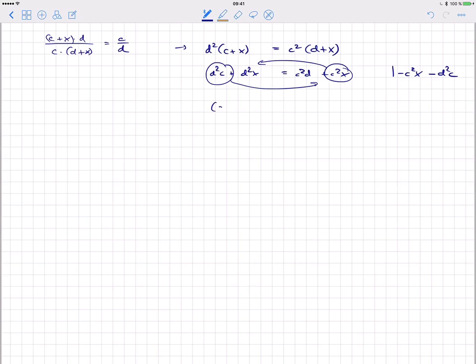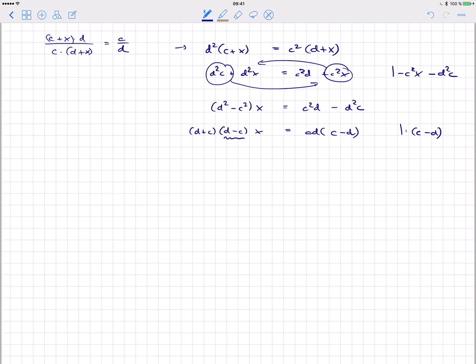So we get d squared minus c squared times x equals c squared d minus d squared c, and we can factor, and it looks as if we can divide out c minus d, except that this gives us a minus sign here.